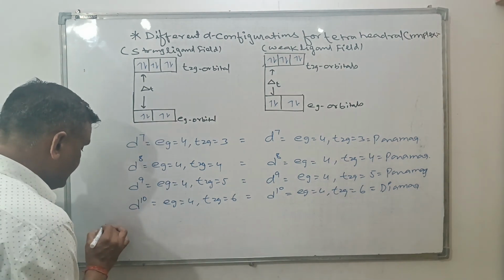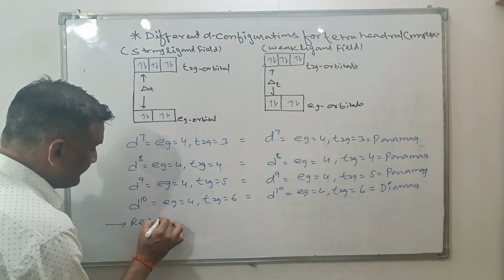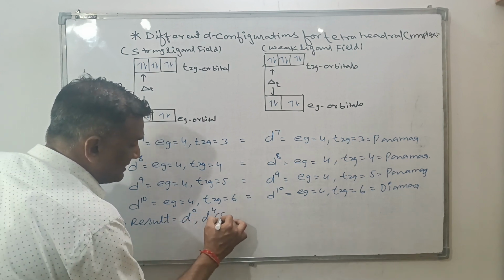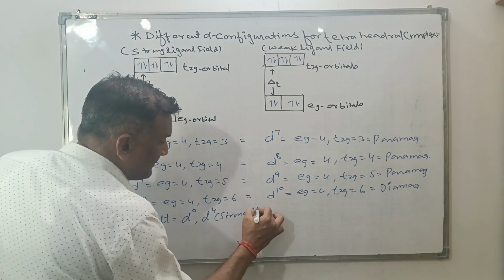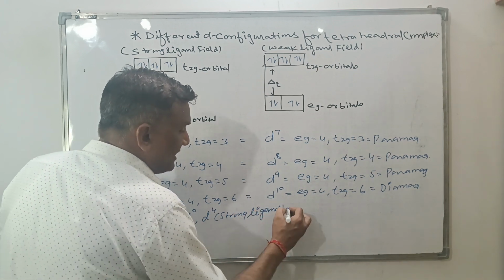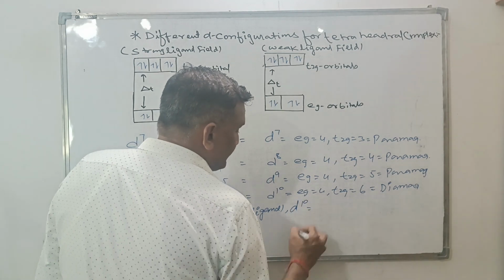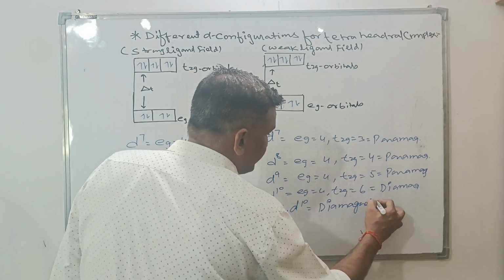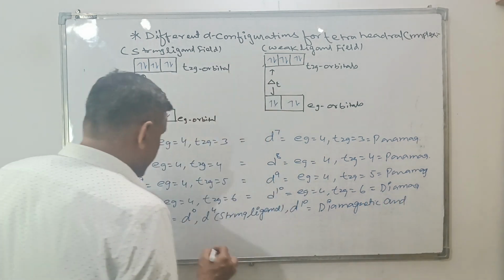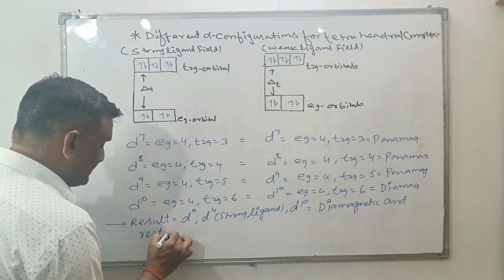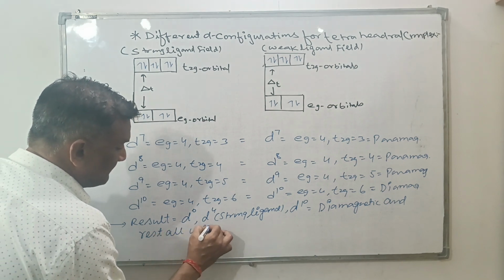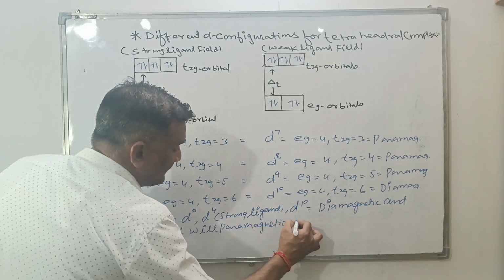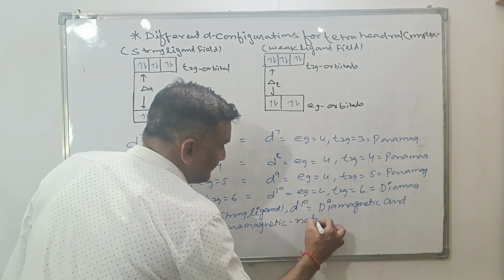So what we can say as the result is that d0, d4 when there is a strong ligand, and d10, these are all diamagnetic, and the rest will all be paramagnetic in nature.